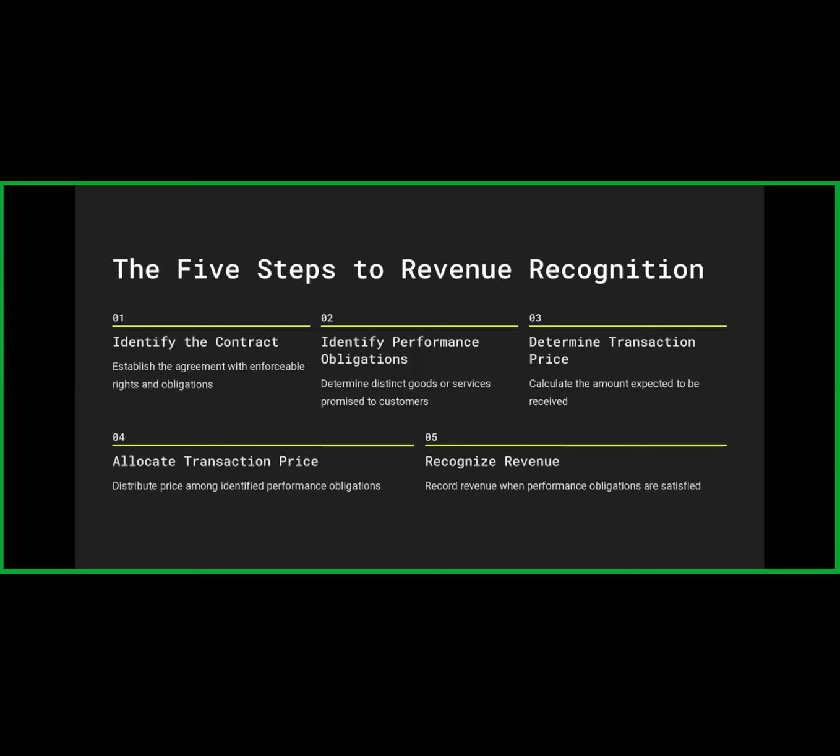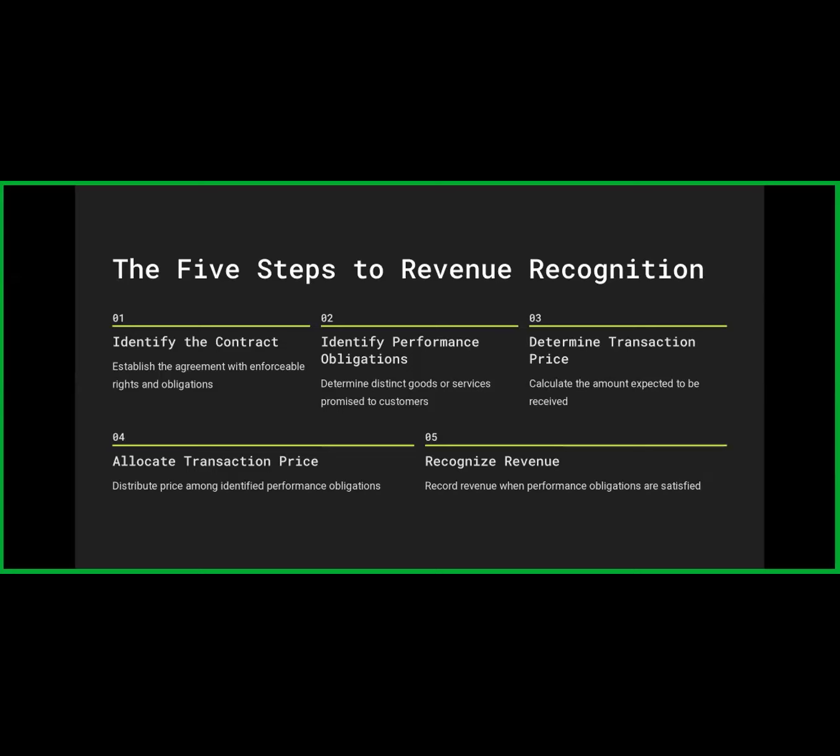All these things are clearly defined in the contract. So before recognizing the revenue, as per AS 115, first we need to identify the contract, what the different specifications of the contract are, and then identify the performance obligations.